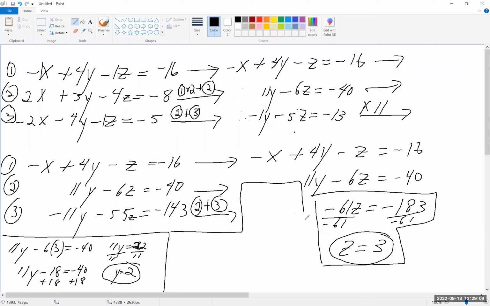And let's see if this space is enough to figure out x. Shouldn't the y be negative 2?